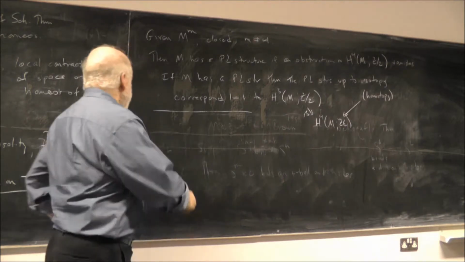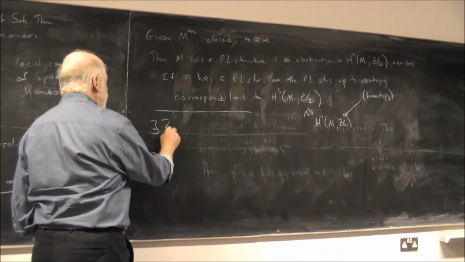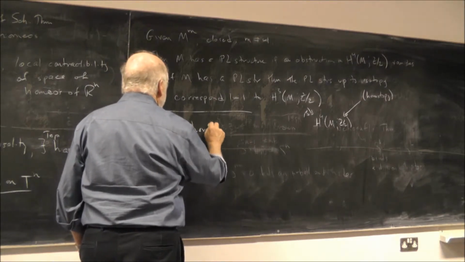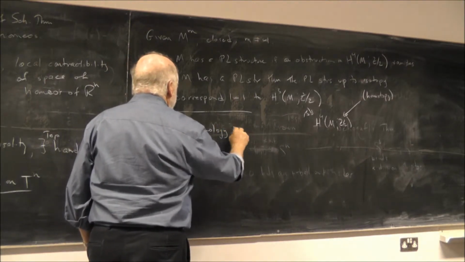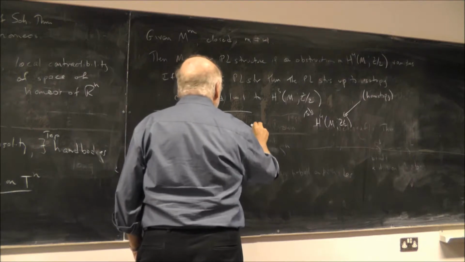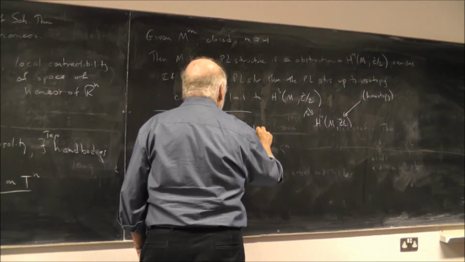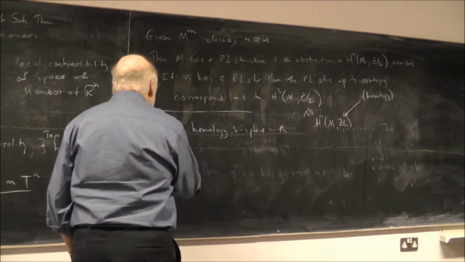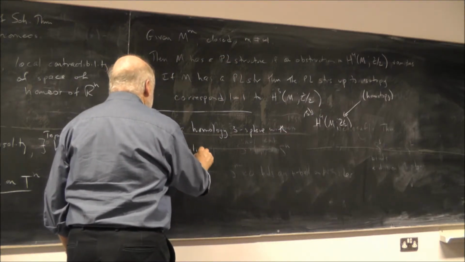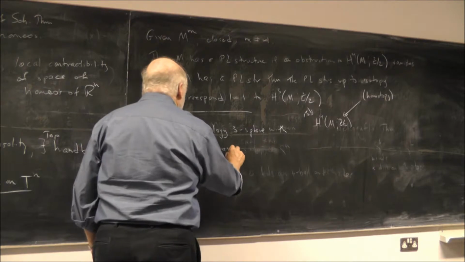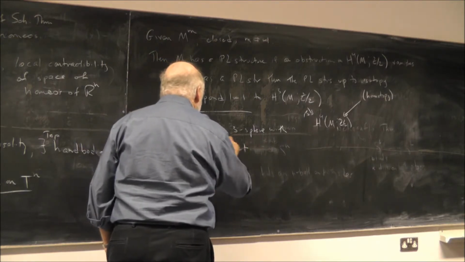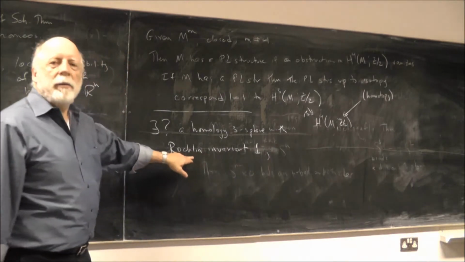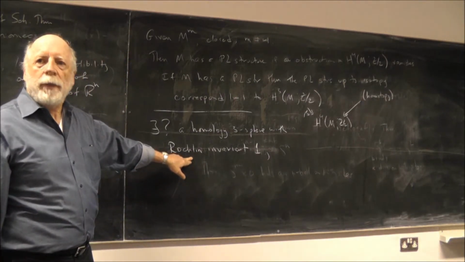So here's the question: does there exist a homology 3-sphere with Rokhlin invariant 1? This will be mentioned in my talk on Wednesday.